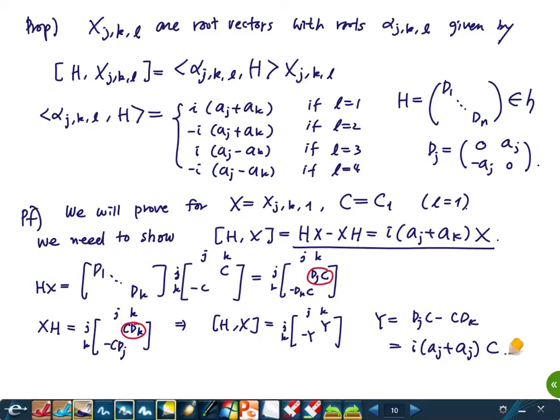It's a simple computation. So that means this part, we know this is exactly this times, I think this is k, this. So everything has this factor, so it's like (aj plus ak) x. And that's the proof. It's just basic computation. Nothing is difficult.